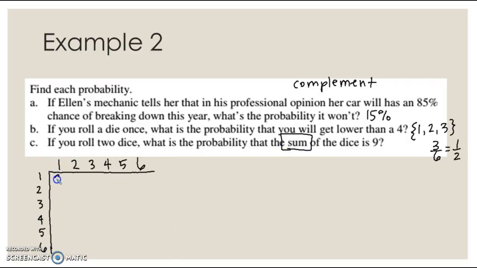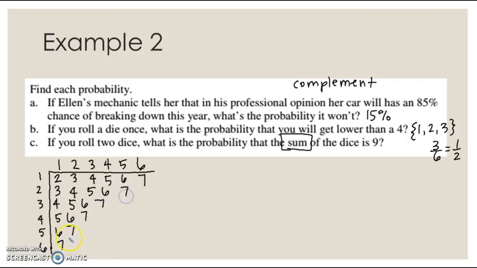So 1 plus 1 is 2. 2 plus 1 is 3. 3 plus 1 is 4. 5, 6, and 7. Then it goes across this way, 2, 3, 4, 5, 6, 7. And it was going to be a little bit of a pattern. 2 plus 2 is 4, so I have my 4s going diagonally. And then next we have a 5, and then a 6, and then a 7.